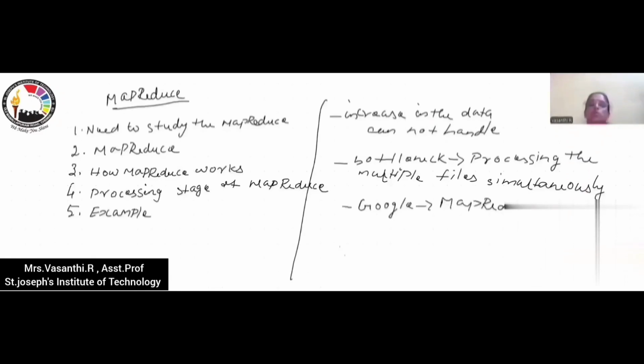So this is a very important thing. Now we move on to what is MapReduce. Using the MapReduce concept, we can process the huge volume of data efficiently and simultaneously.